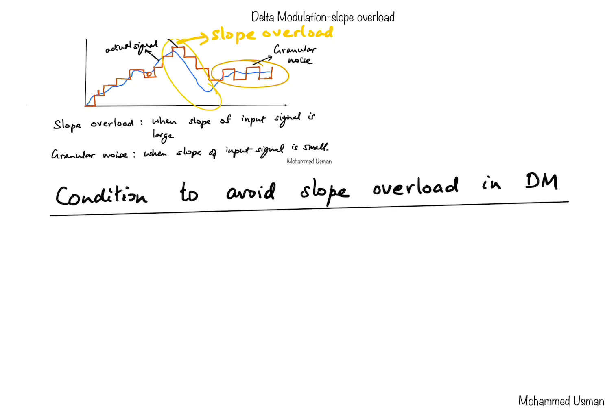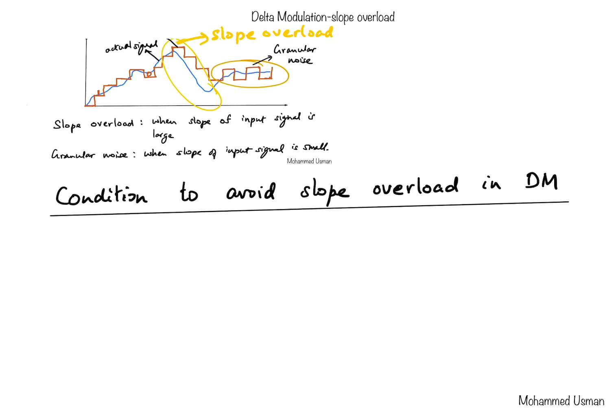The procedure is going to be quite similar to the procedure that we followed in differential pulse code modulation. We want to find out the maximum slope of the delta modulator output, and we need to ensure that the maximum slope that the delta modulation system can support is at least the maximum slope of the input signal.